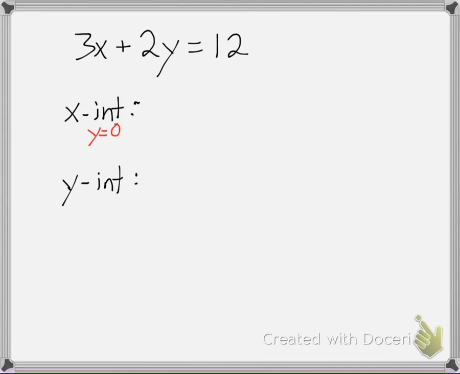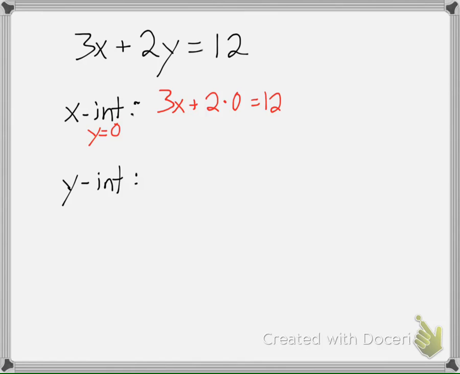So looking at my equation, I have 3x plus 2 times 0 should equal 12, right? I just replaced y with 0 because my x-intercept is where y is 0. The nice thing about letting that be 0 is that it just goes away, right? 2 times 0 is just 0.